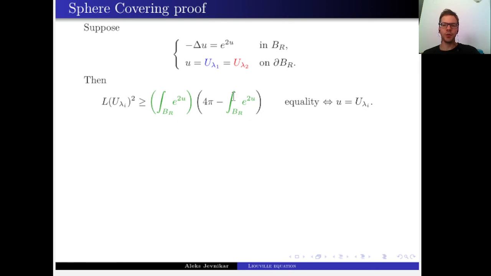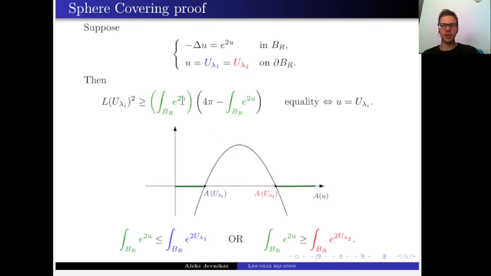So this gives you a condition on the total area of the exponential. You see now everything is fixed here, and you have the total area which is allowed to vary, and so this gives a condition on the parabola. So you have minus area squared plus something, less or equal than 0.